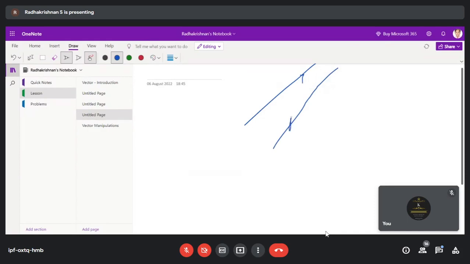Both of them are parallel. Even in the opposite direction they are parallel, because they never meet. Parallel means those two lines don't meet. So the other direction can be plus or minus. Both are collinear. So a vector A is collinear to the vector minus A. That is your collinear.